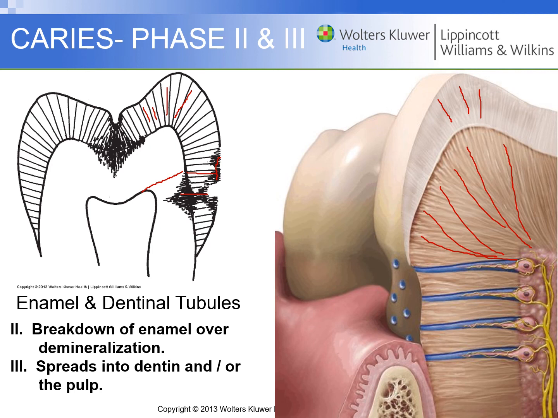So a phase 2 would be breakdown of enamel over the demineralization. So what happens is, let's say that this was enamel. Inside these tubules it's kind of like a honeycomb, but they're all real tight together, and it forms something that's really strong in there.